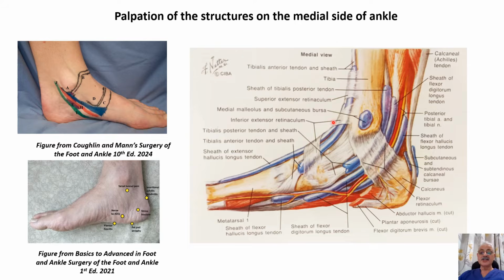Any tenderness in the deltoid may be suggestive of a deltoid injury, and there are different tendons crossing behind the medial malleolus, like the tibialis posterior tendon, FDL, and FHL. Any tenderness along these tendons is suggestive of tenosynovitis of these tendons.